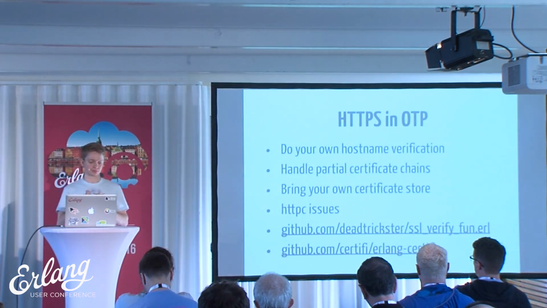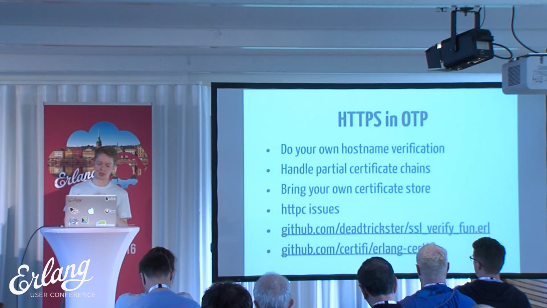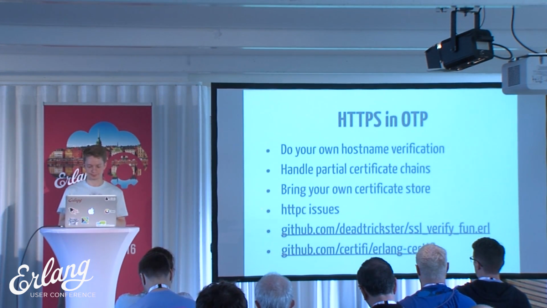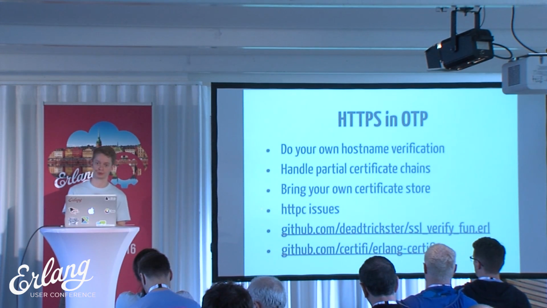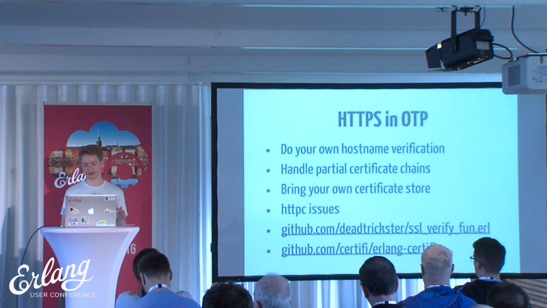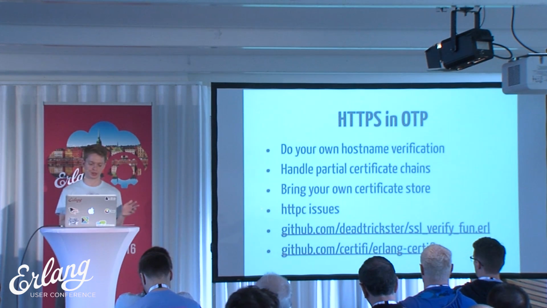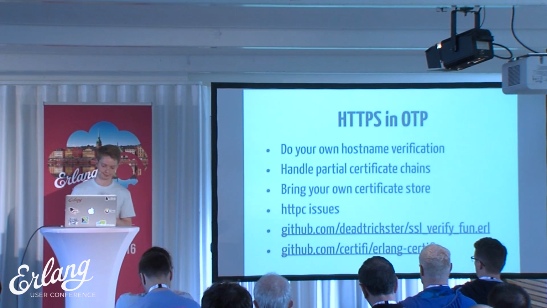So to secure the website and the API, we of course use HTTPS. And the Hex client uses this API to publish packages and to fetch from the repository. And when we do that, we of course need to connect over HTTPS.